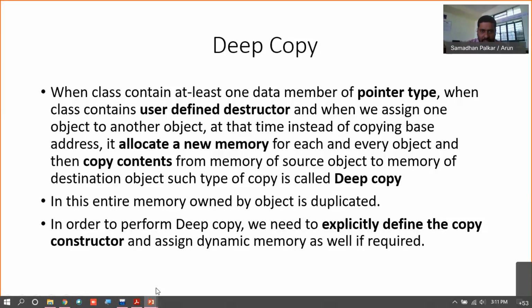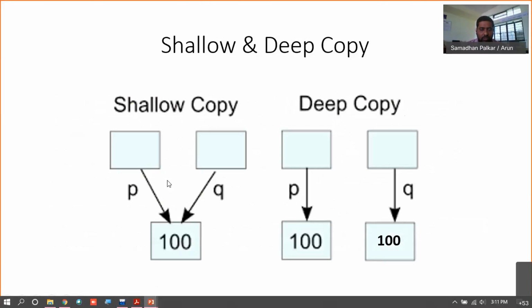in the previous slide, a pointer is created which points to this 100. In deep copy, a pointer is created with a different memory location. So both the pointer value and the data have different memory locations. It creates a new memory location which copies all the data from the already created object to the newly created object.